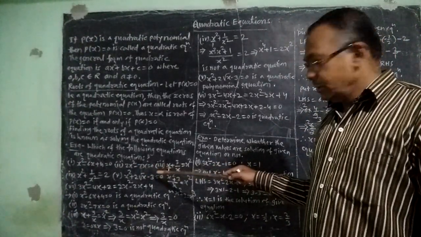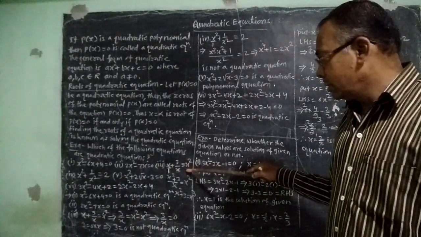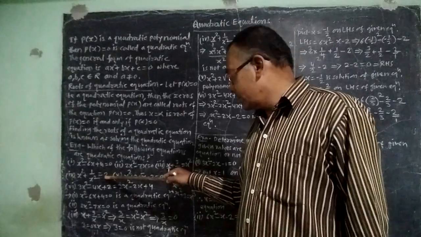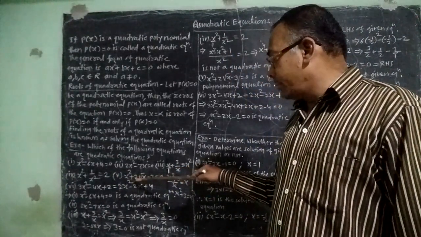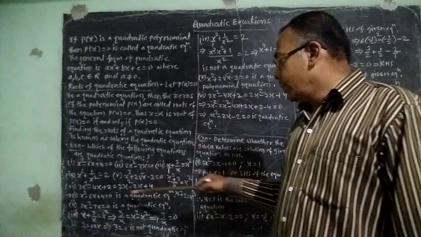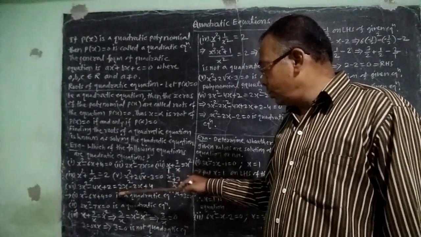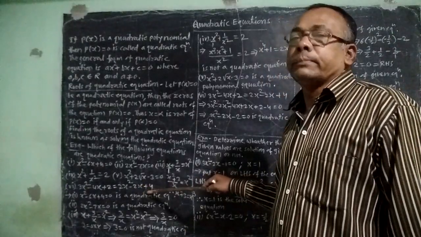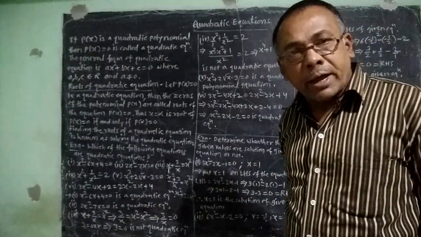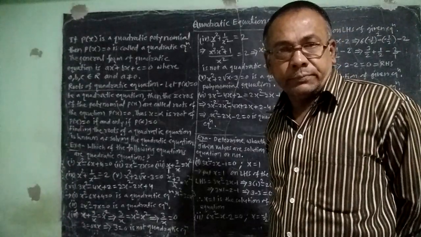Third: x plus 3 upon x is equal to x square. Fourth: x square plus 1 upon x square is equal to 2. Fifth: x square plus 2 root x minus 3 is equal to 0. And sixth: 3x square minus 4x plus 2 is equal to 2x square minus 2x plus 4. Out of these 6 equations we have to identify which is a quadratic equation and which is not.